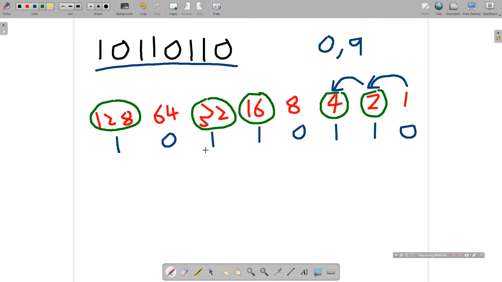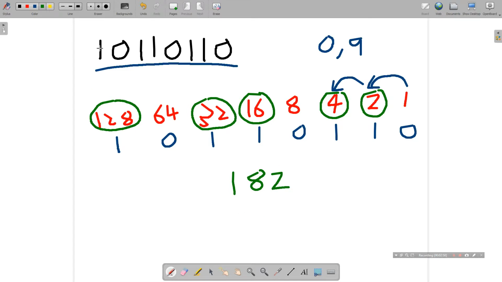We can ignore all the other digits. So adding these circled numbers up, 128 and 32 is 160, plus 16, 176, plus 4, 180, and 2, 182. And so the answer is 182.